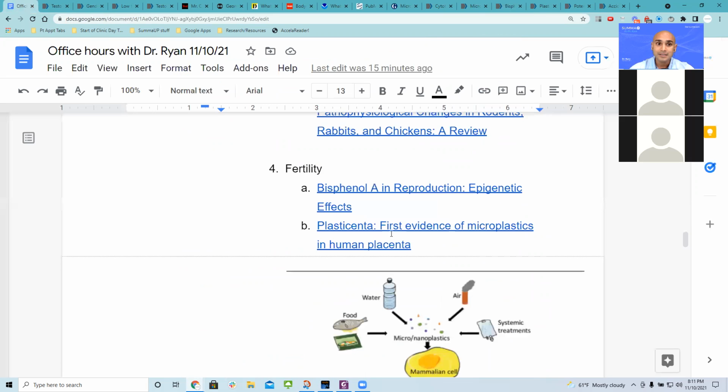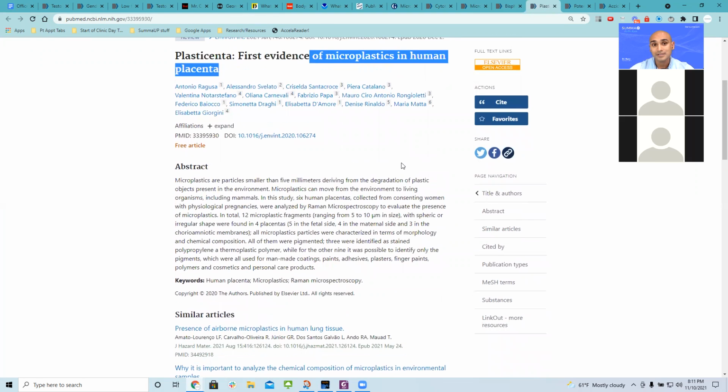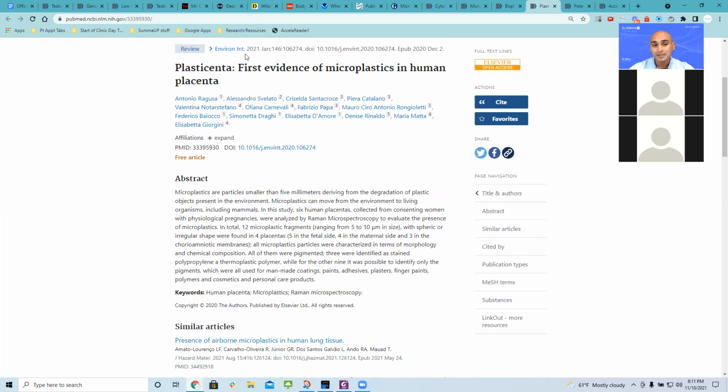In addition, this article, which is really concerning, also came out in 2020. The researchers were able to get the first evidence of microplastics in human placenta, right?